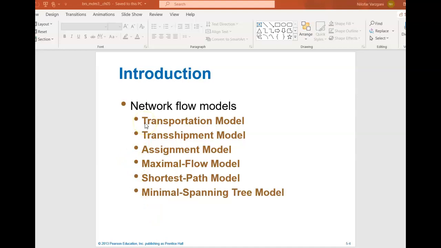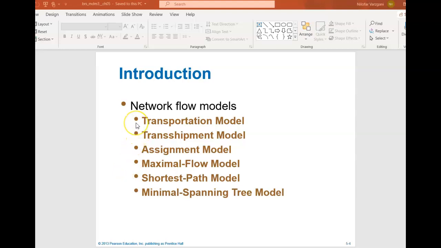So we covered transportation models in class, face-to-face, when we started off the chapter. We are going to move on next to transshipment models, and then follow the same sequence of topics. I will provide a short video for each of these examples, which you can watch and then compare it to the Excel file which has been uploaded in order to check the solutions and practice for the solutions on your own.